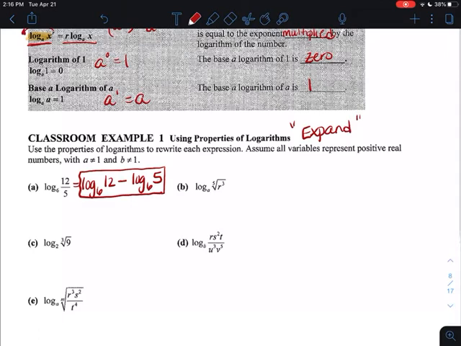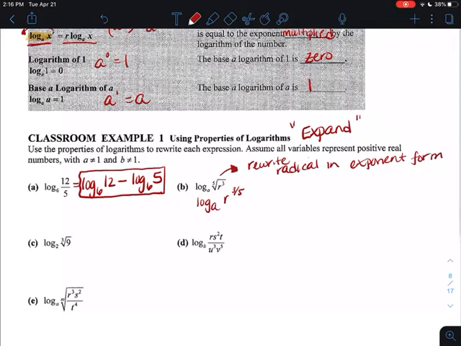For part B, log base a, and then you have the fifth root of r to the third power. First thing is you want to rewrite this radical, which is that root stuff, in exponential form or exponent form. So really what you have is log base a of r, and r is raised to the third power. The fifth root means that I'm dividing that exponent by 5.